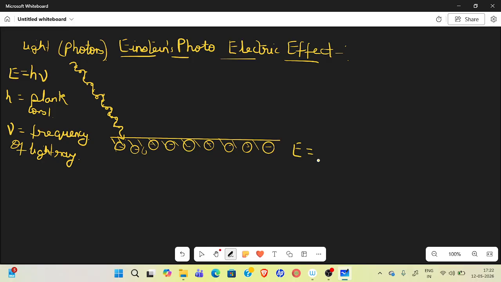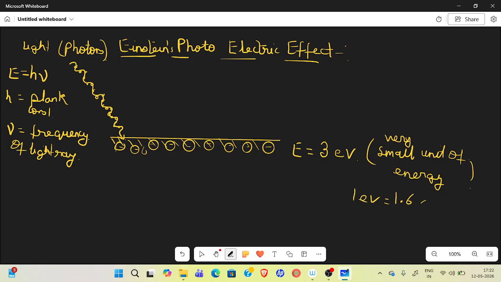to 3 electron volt, where electron volt is a very small unit of energy. One electron volt equals 1.6 into 10 to the power minus 19 joule.